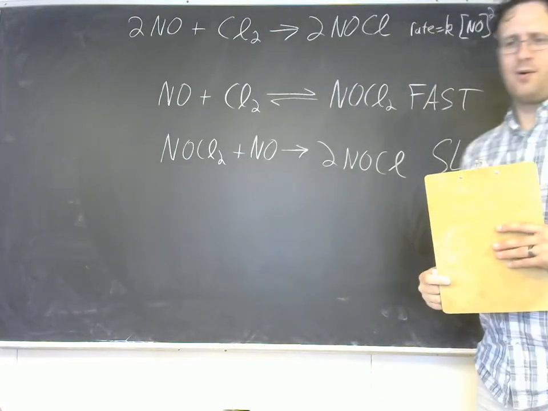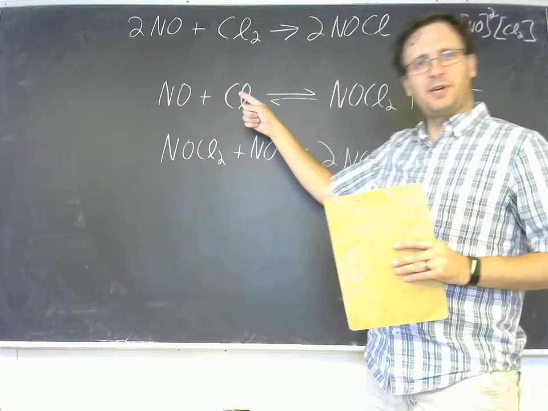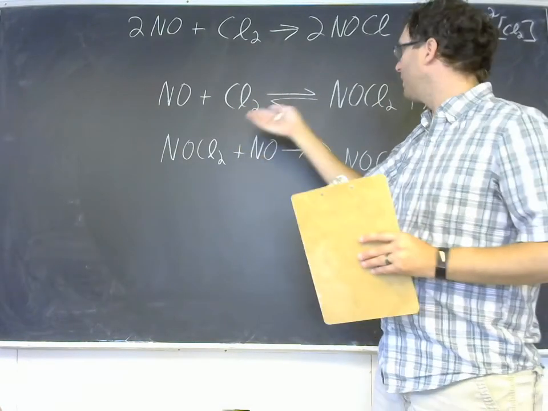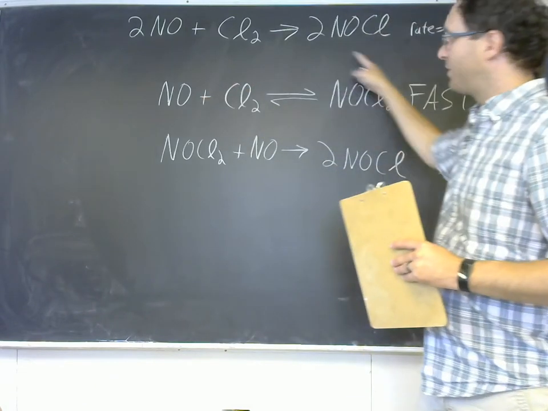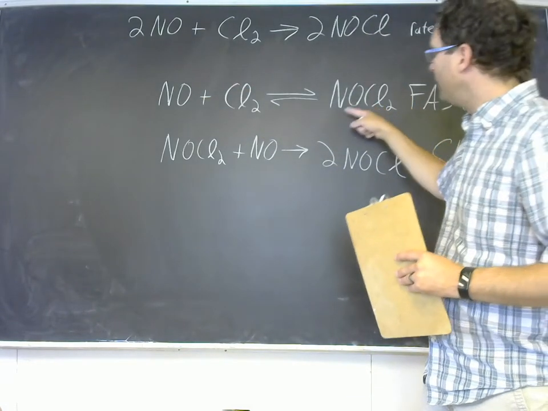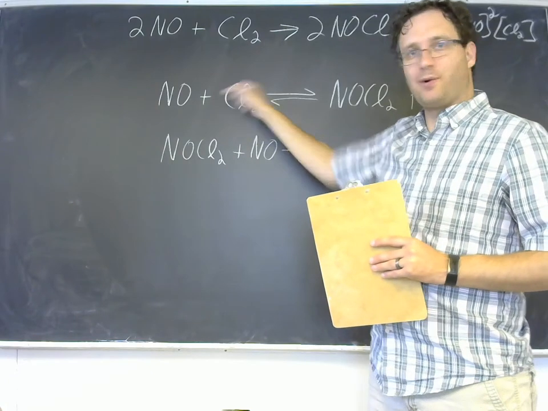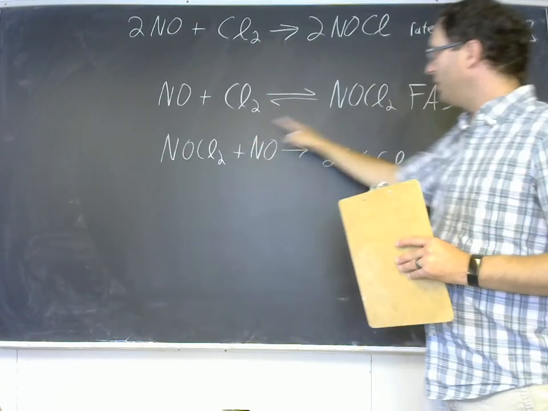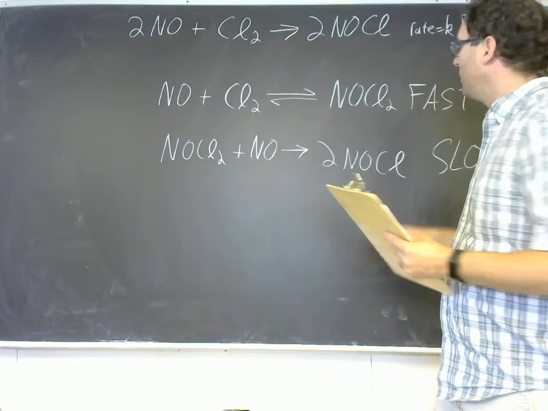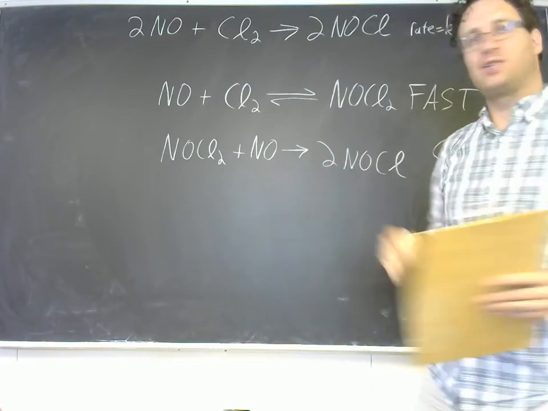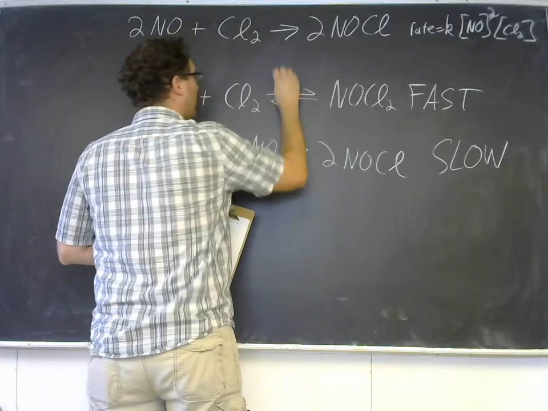Okay, so each of these elementary steps is now bimolecular or unimolecular. We'll have a bimolecular elementary step going forward, a unimolecular elementary step going in reverse, and a bimolecular elementary step going forward. Let's consider the rates of each of those three steps. I'll write my rate constants here.